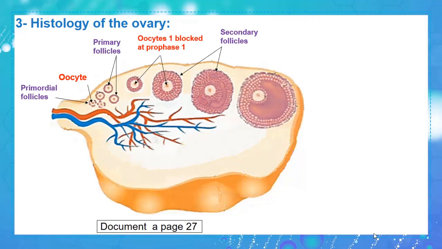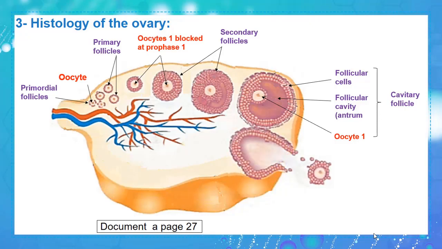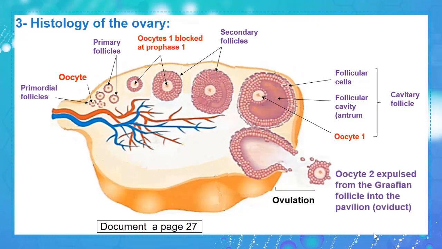The follicular cells secrete a fluid that accumulates in a cavity inside the follicle. At this point, the follicle is known as the cavitary or tertiary follicle. This tertiary follicle will continue to grow in size until it becomes a mature follicle ready to burst and push the oocyte 2 outside towards the pavilion of the fallopian tube.